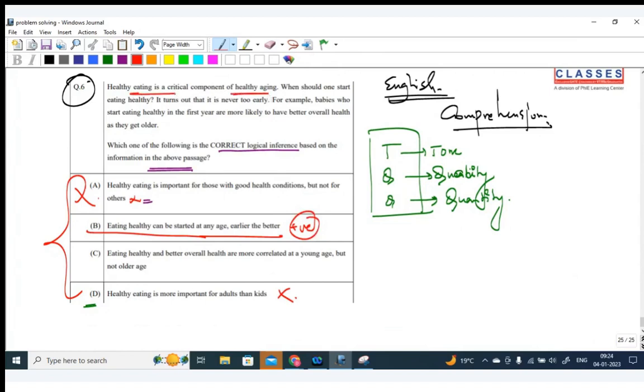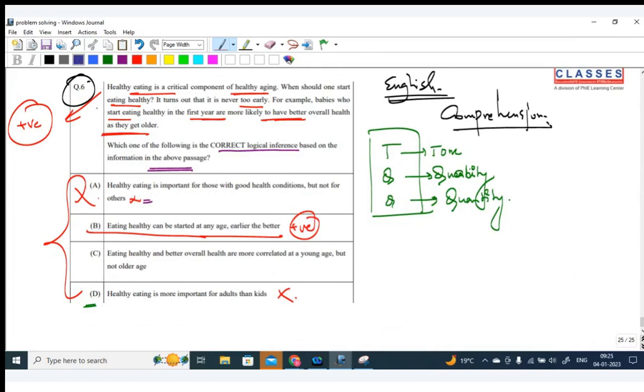So this is the tone of the passage. You can say this is positive. They are talking about positive things, right? When should one start healthy eating? It turns out that it is never too early. For example, babies who start eating healthy in the first year are more likely to have better overall health as they get older. Okay, so in my case, I used not to eat in my childhood, right? So that is what the main problem is. You should understand.